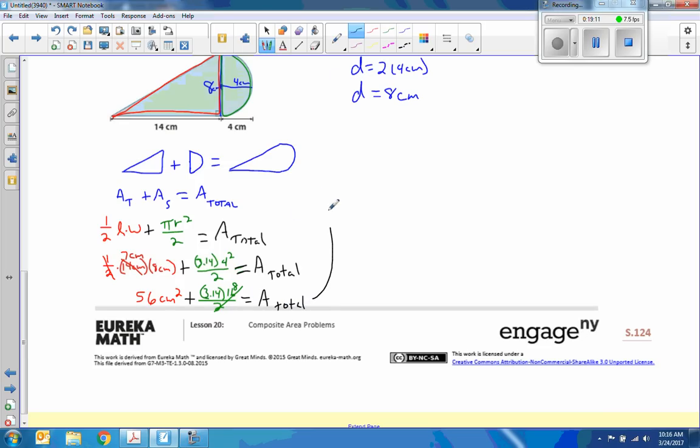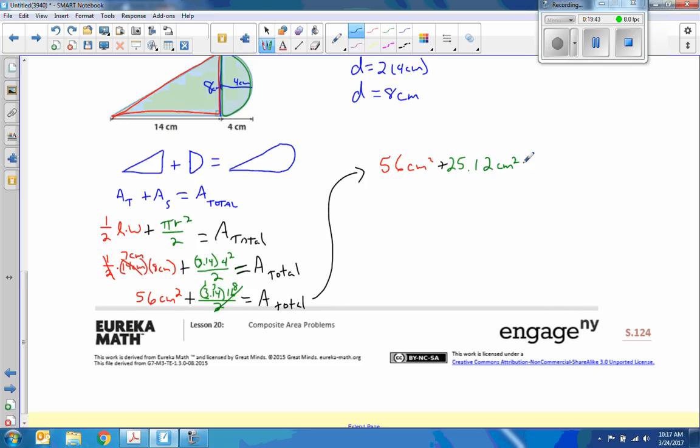So now I'm going to move this up here. So I have 56 centimeters squared plus, and now 8 times 4 is 32, carry the 3. 8 times 1 is 8, plus 3 is 11, carry the 1. 8 times 3 is 24, plus 1 is 25. And that is also centimeters squared. I was lazy without having my units here, but I'll put it in now.